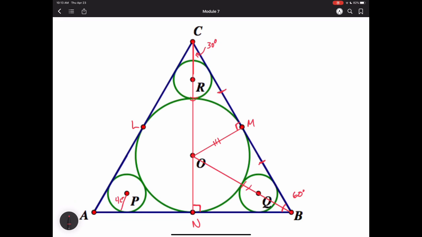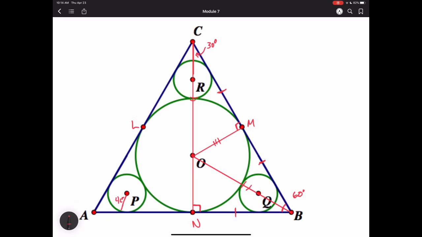Well, I know that if M is the midpoint of CB, and N is the midpoint of AB, and those two sides, AB and CB, are congruent, then their halves must also be congruent. So BN is congruent to BM and to CM, okay?